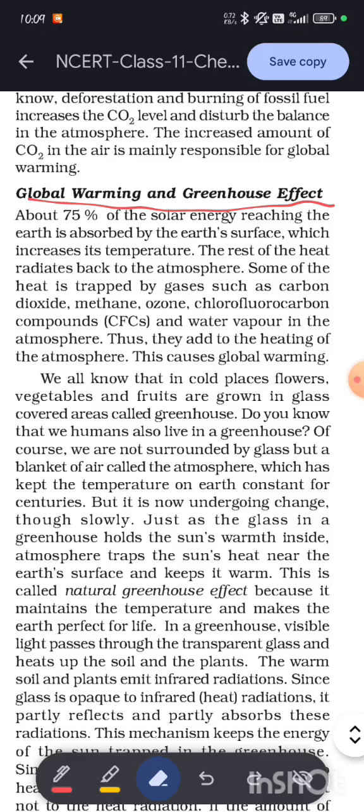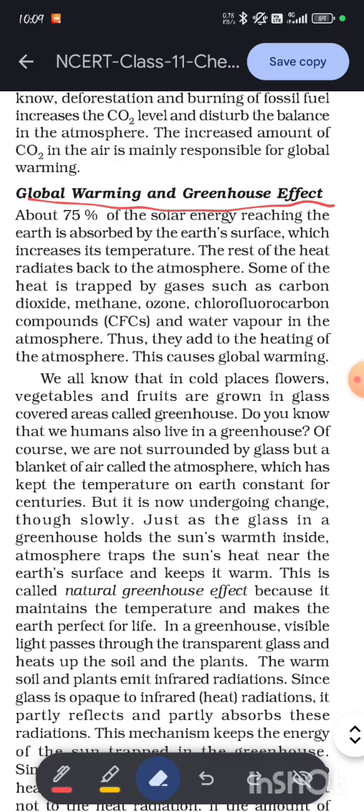Just as the glass in a greenhouse holds the sun's warmth inside, the atmosphere traps the sun's heat near the earth's surface and keeps it warm. This is called the natural greenhouse effect because it maintains the temperature and makes the earth perfect for life.